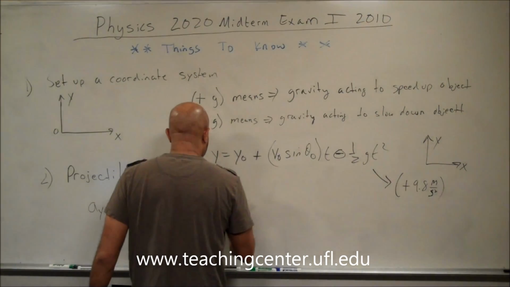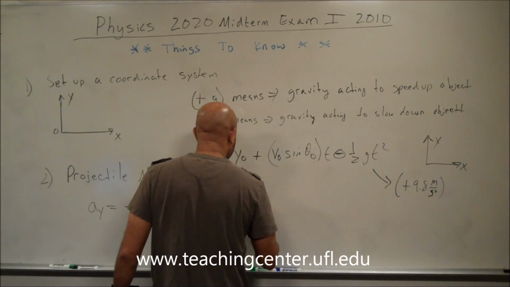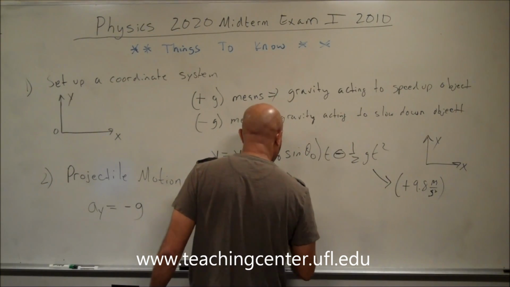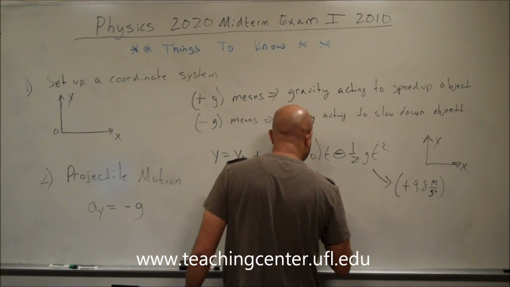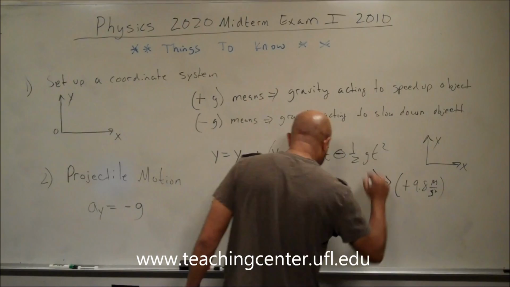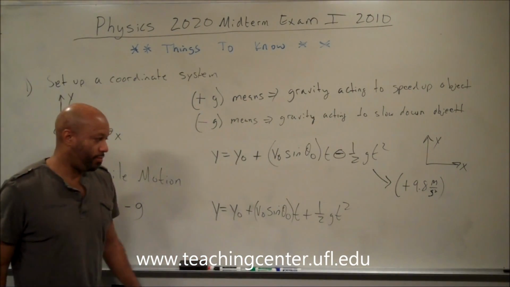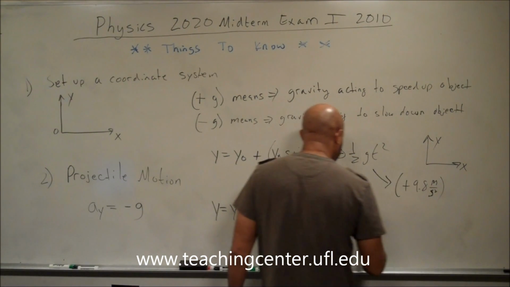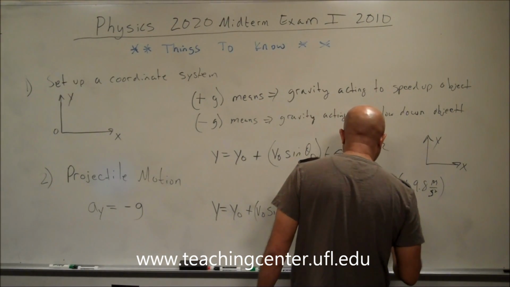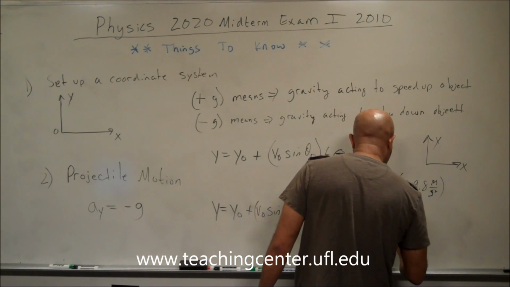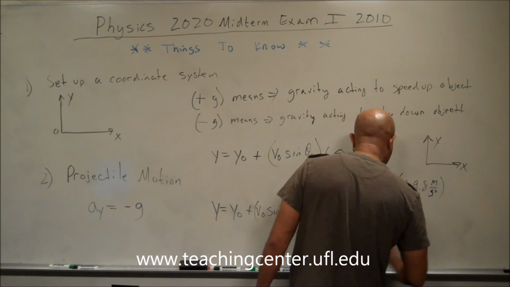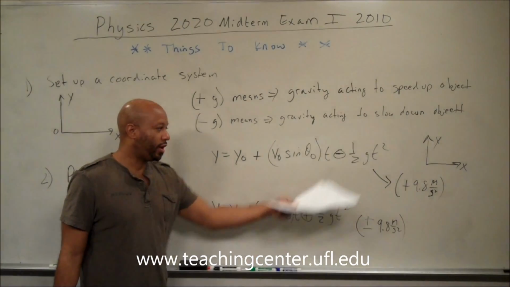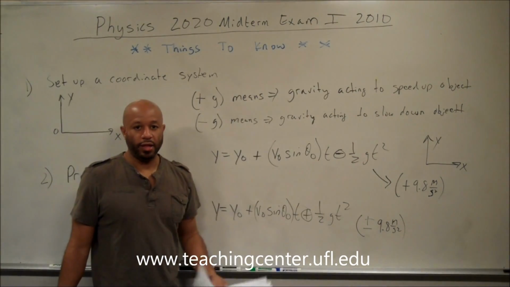But if you had this other equation, now you need to substitute in either positive or negative 9.8 meters per second squared, depending again on your coordinate system and the information given in the problem statement.